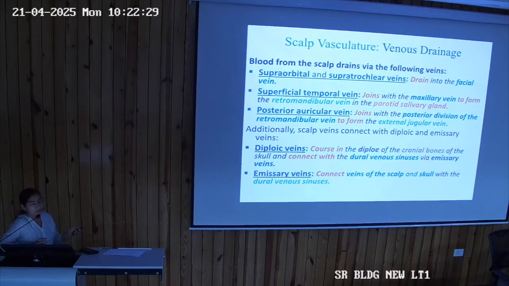Then the superficial temporal vein joins with the maxillary vein in the substance of the parotid gland and forms the retromandibular vein. Then the posterior auricular vein joins the posterior division of the retromandibular vein to form the external jugular vein. I'm just reading it out, I'll show it.